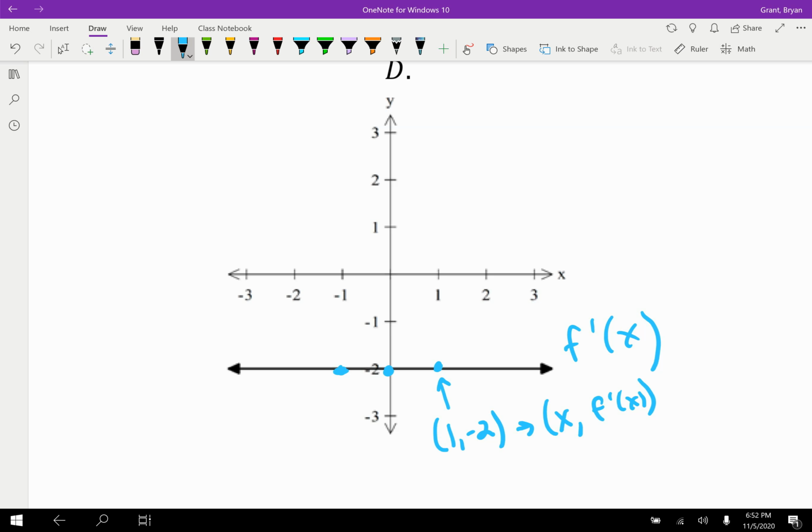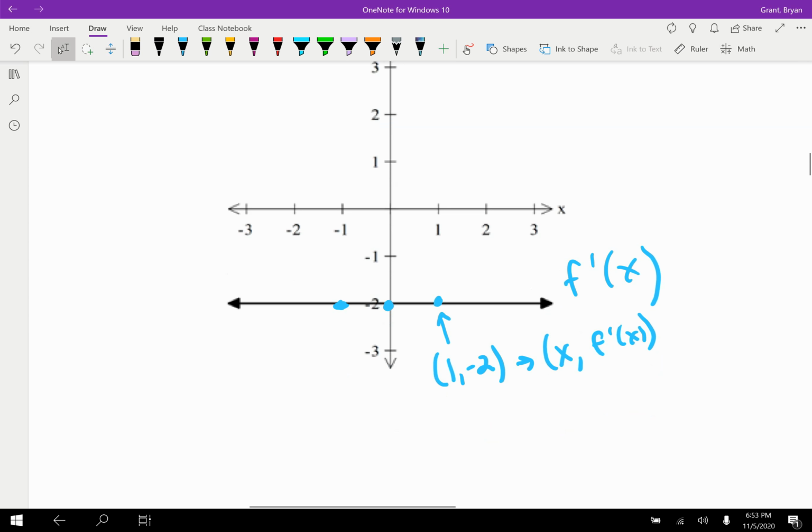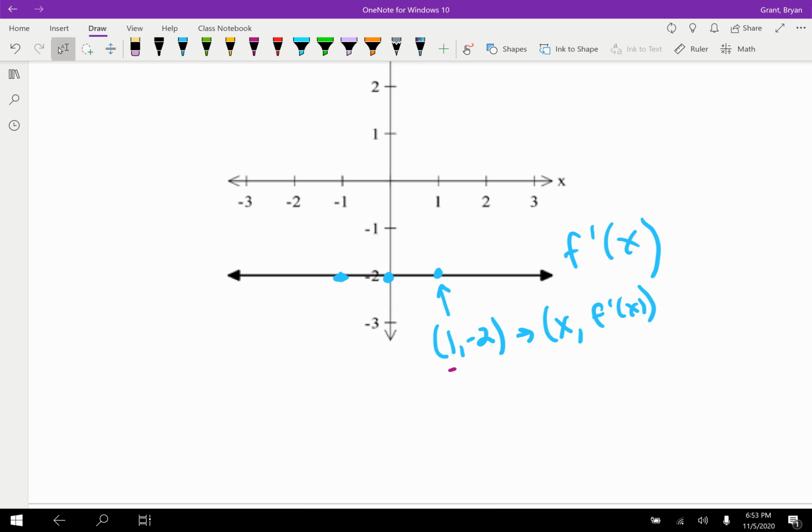Now the what happens is all about the equation we're dealing with here. So the way that I would interpret this point that I have the arrow pointing to is, at an x of 1, and I'm going to write 2 sentences, and you can write them if you'd like if you have the room. We'd say at x equals 1, f prime of x equals negative 2.